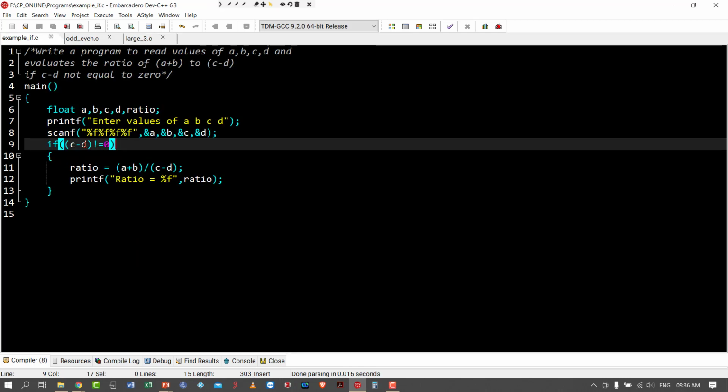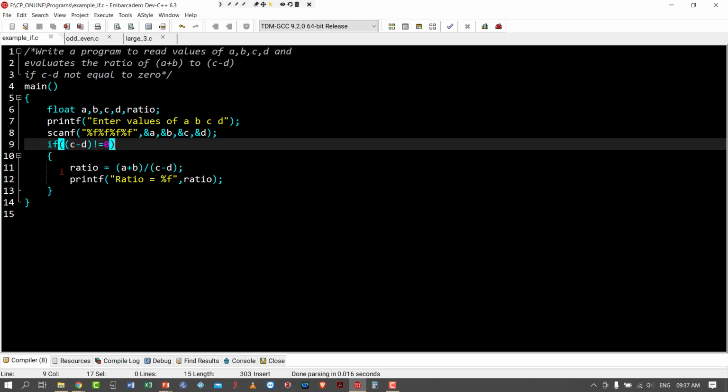So earlier I have written this one. Here I have an if condition. You just listen carefully. Here this is an example I have written for simple if. Here I have a condition. If that condition is true, I have to execute 2 statements. So here I can't remove this braces. If I remove this braces, only ratio equal to A plus B by C minus D will be considered as a statement inside this if statement.